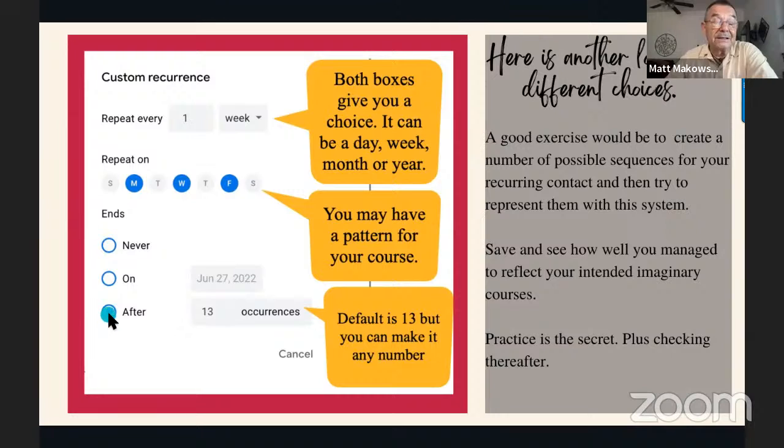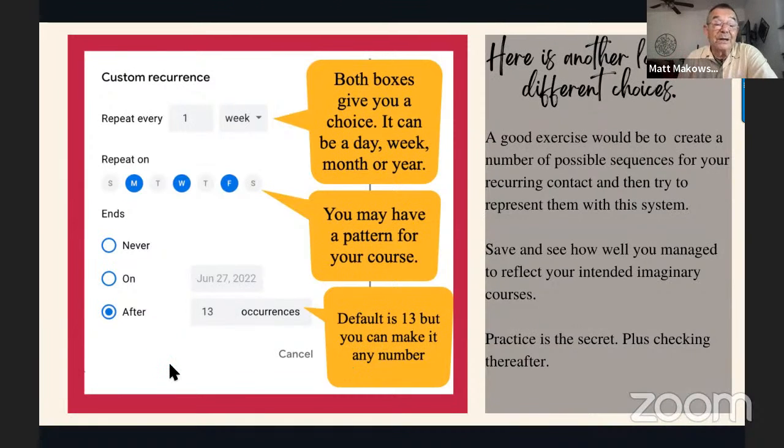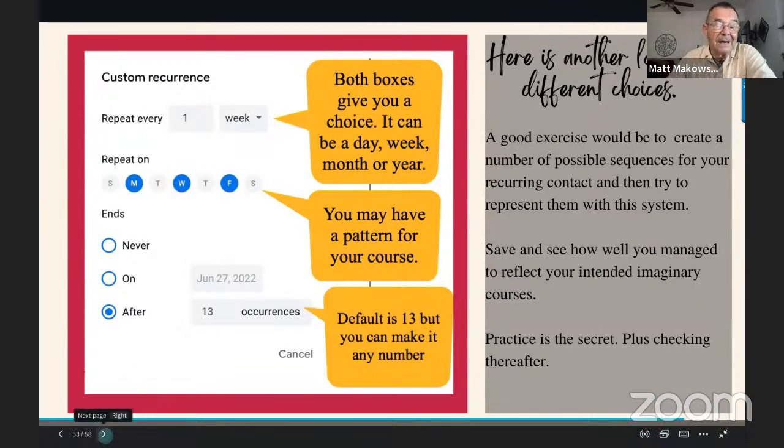Or it defaults after 13 occurrences. So what I've created here is every week, Monday, Wednesday, and Friday, for 13 occurrences, and I will have set it up in red, unless I'm sure that those are the Zooms that I want.